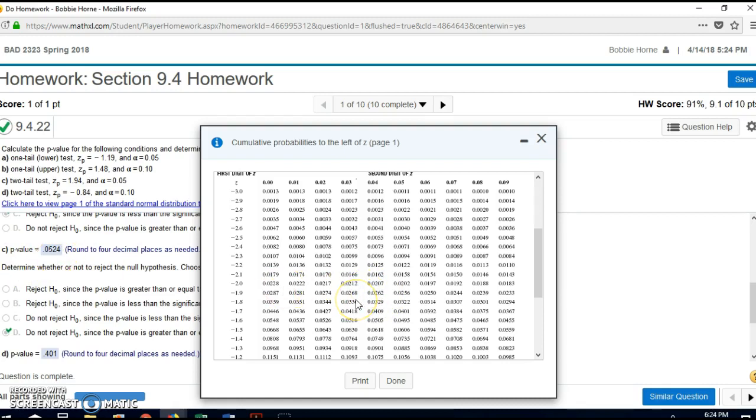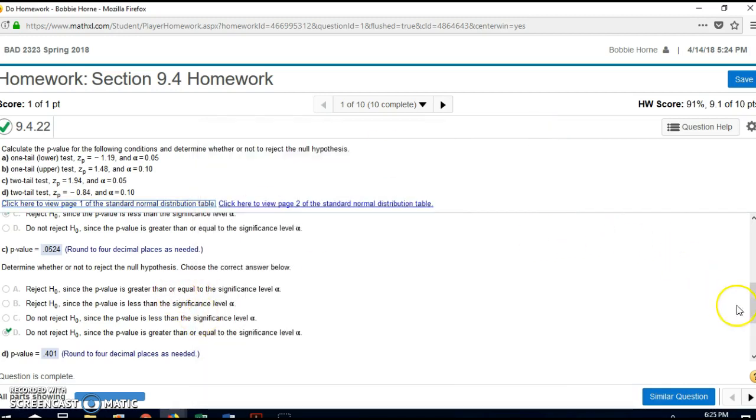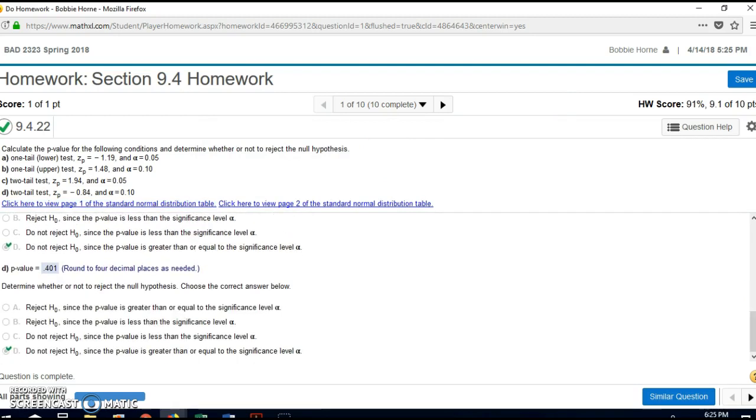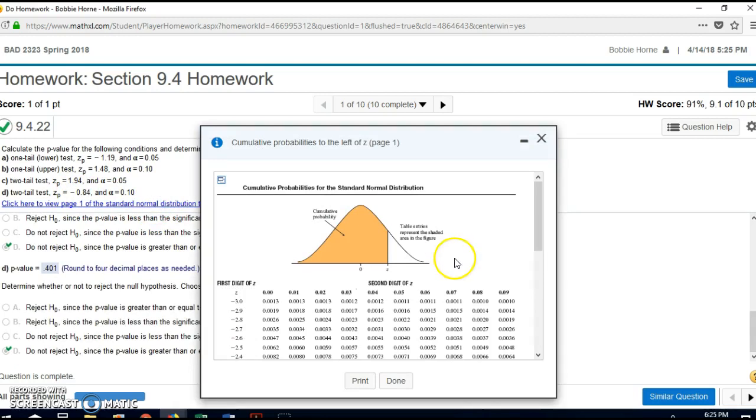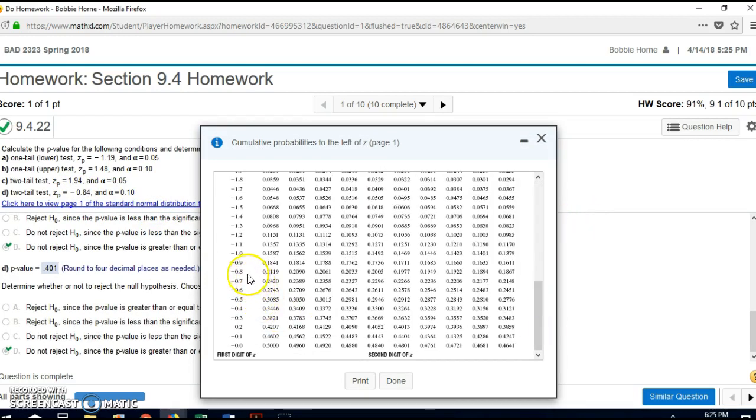You don't have to subtract because that's the left tail. That is actually the area of the left tail. So to get the area of the right tail, it would be the same thing on the right side. The tails are the same, so you could just double that. That's a quick way to work that. So for the last one, a two-tail test, we could go to the negative value and get that, negative 0.84, and we 0, 1, 2, 3, 4.